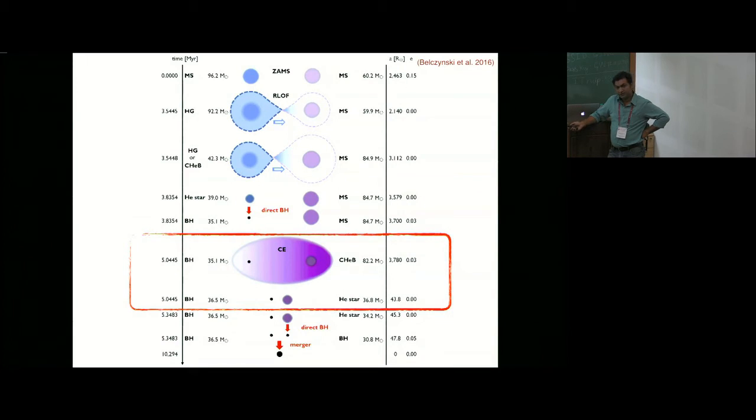If it doesn't blow away, then in principle, you could have this thing forming a black hole inside the cocoon. And then if you demand that it's a direct collapse, so no supernova, no energy emitted, etc., then in principle, you can save the cocoon.